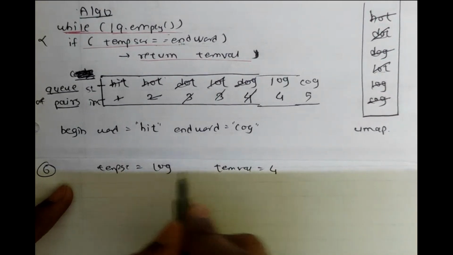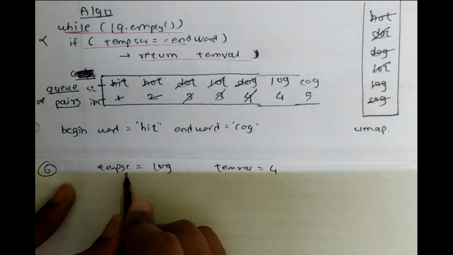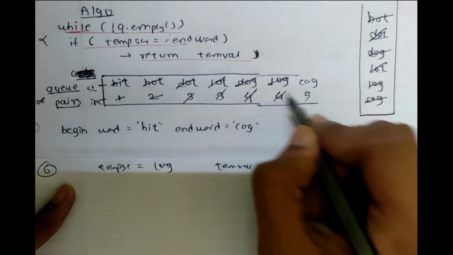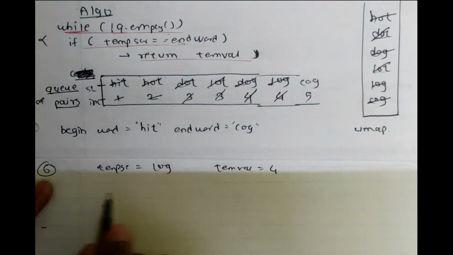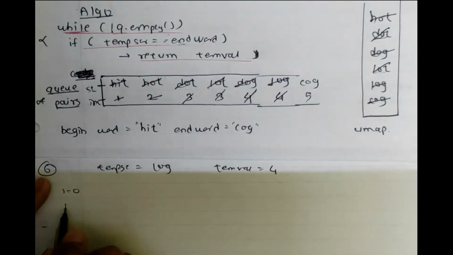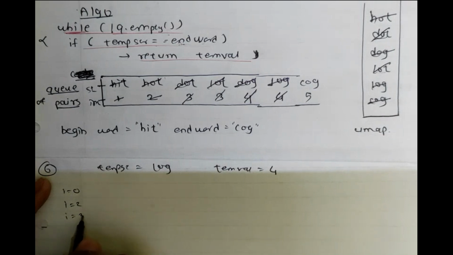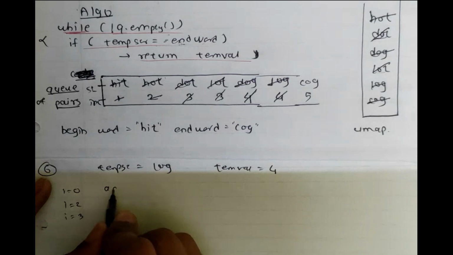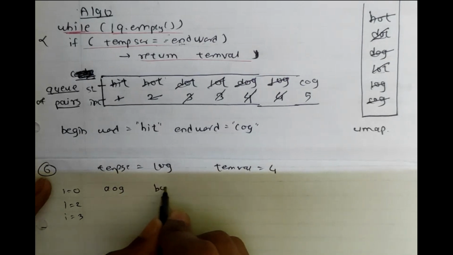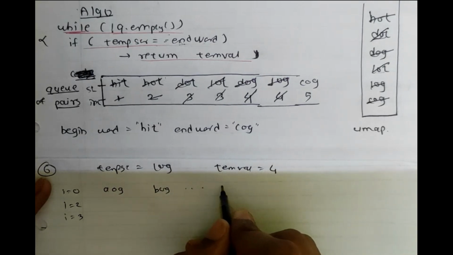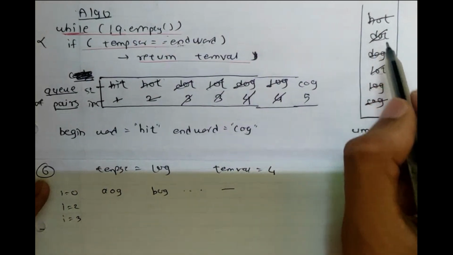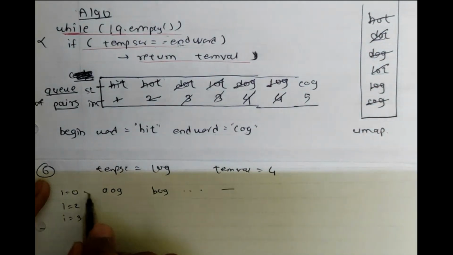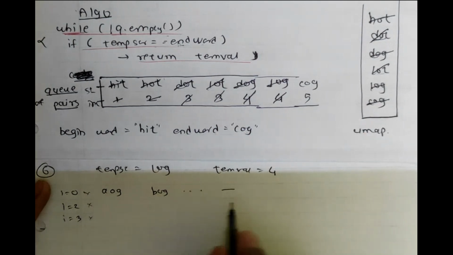We have put the values in temp variables, so we have to pop out and change the variable. For LOG we try AOG, BOG. We don't have any words remaining here, so this will be false, this will be false, this will be false, so there will be no match found.